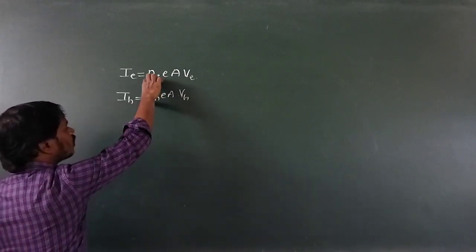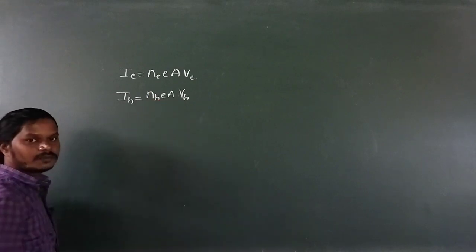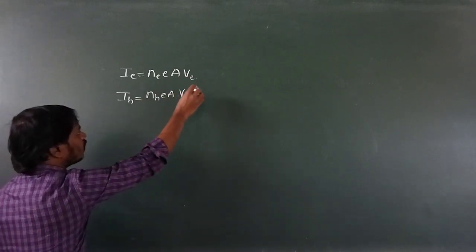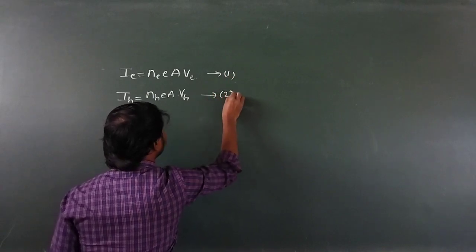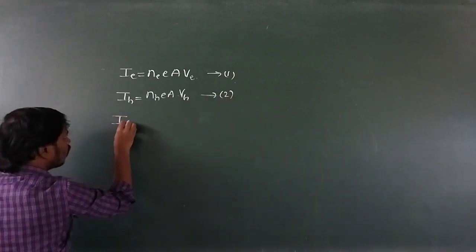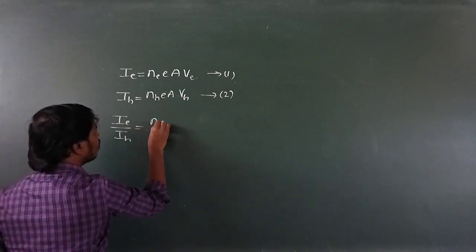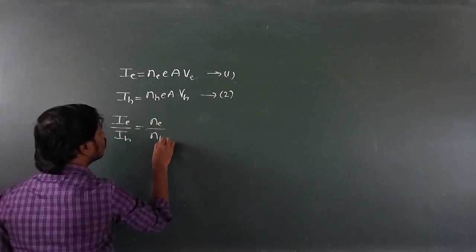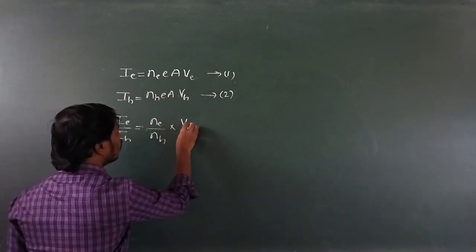Our aim is to find the ratio of concentration of electrons to the concentration of holes. So let us divide these two equations, equation 1 and equation 2. Then IE by IH is equal to Ne by NH into VE by VH, as EA gets cancelled.